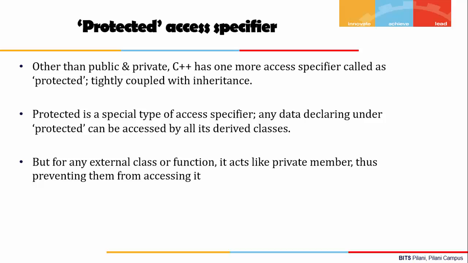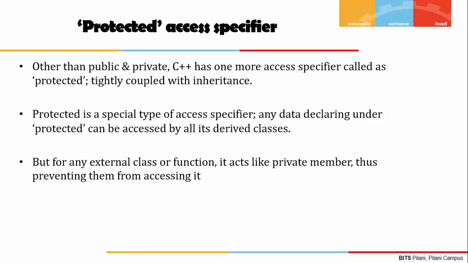So inside a class, whether it is public or private, we can access all. But an object declared externally, we know that an object is specific to a class, using the dot operator can only access the public members of the class. It is not allowed to use the private members.